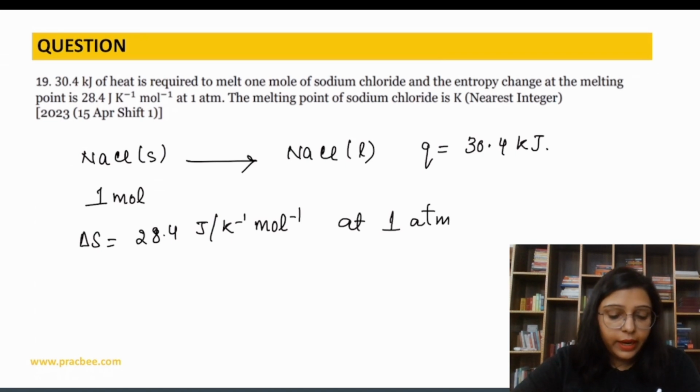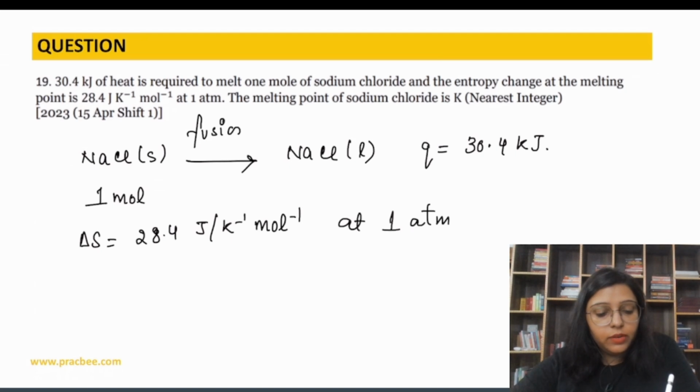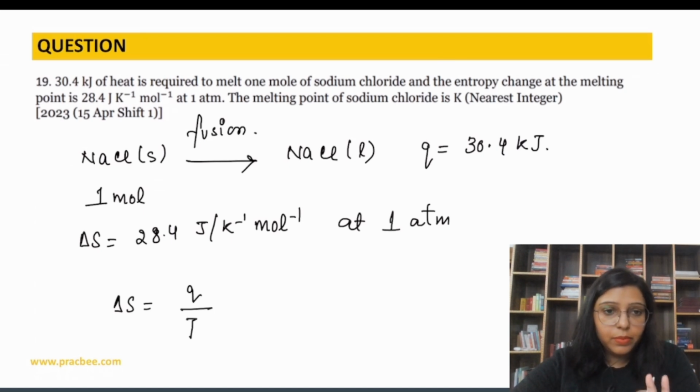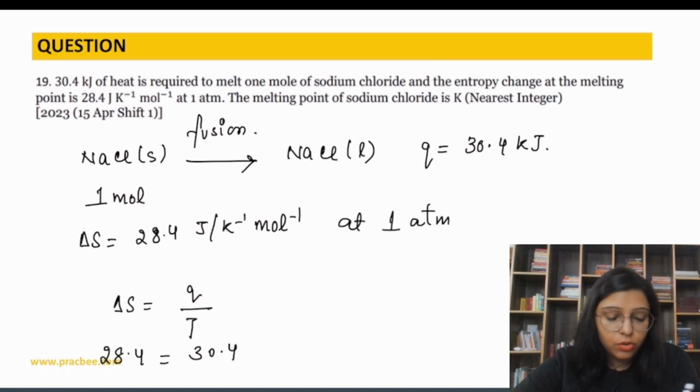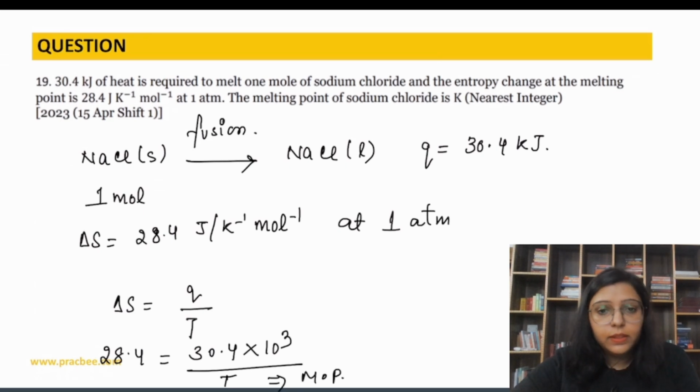We know that this process is called fusion, right? Fusion. So entropy change is equal to Q by T, because here the temperature is the same. Temperature is the same during melting or during boiling; it becomes constant. Okay, so delta S is given as 28.4, Q is 30.4, but that is kilojoule, so we have to write 10 to the power 3, and T is going to be the melting point, right?